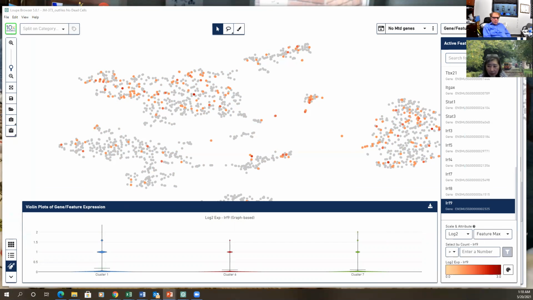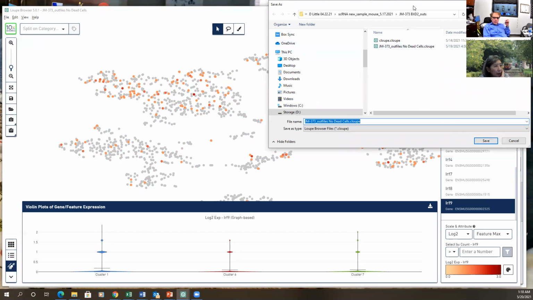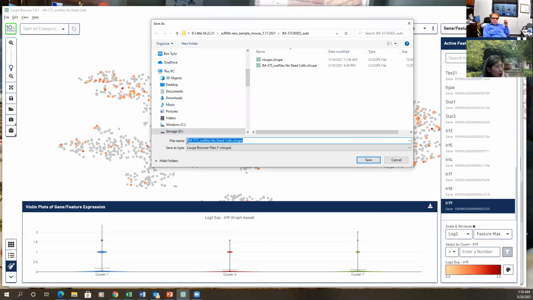I can save it. As soon as I save it, it does allow me to save. I left mine still open from yesterday. All right, let me save as. This is 3B subset.